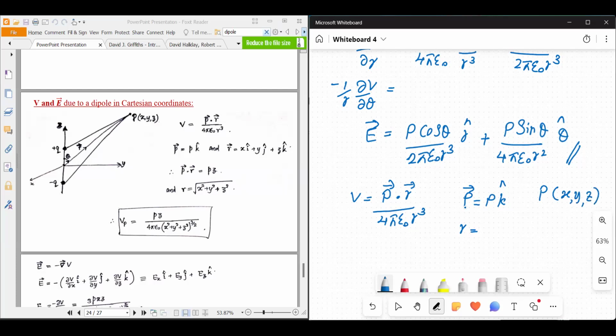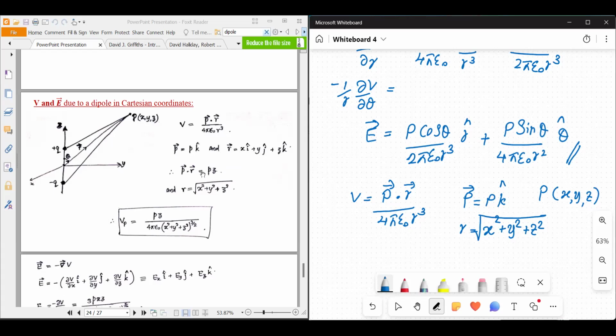Therefore, the distance from the origin to that point P is equal to the square root of x² plus y² plus z². Then the potential at that point is equal to P dot r, which is P z, because now the r vector is xi plus yj plus zk. Then the P vector is Pk, and when we take the dot product, only Pz remains.